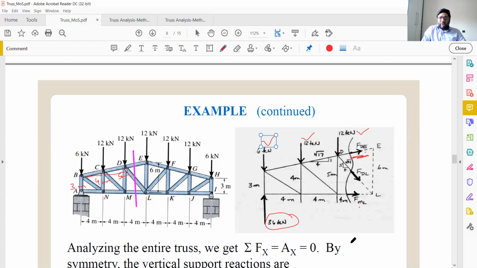I will sketch it here. So this is 3 meters, this is also 3 meters, and this is 1 meter, this is 1 meter, this is 1 meter.